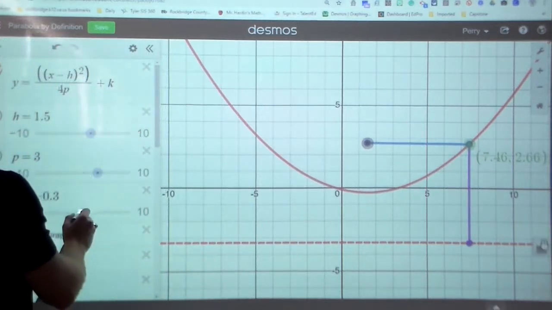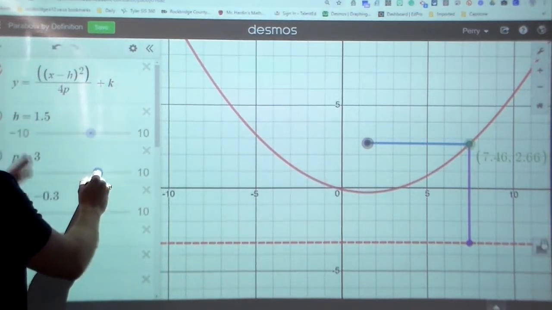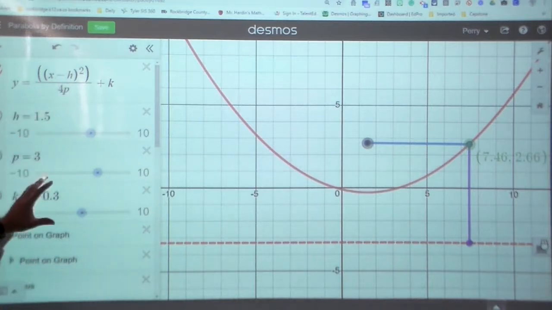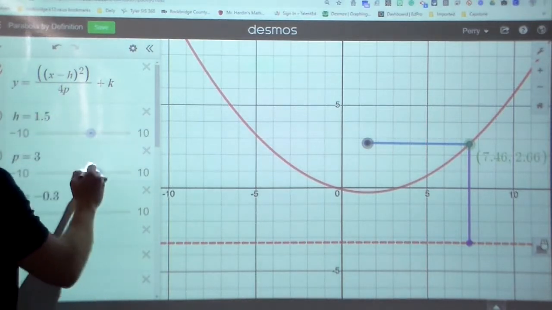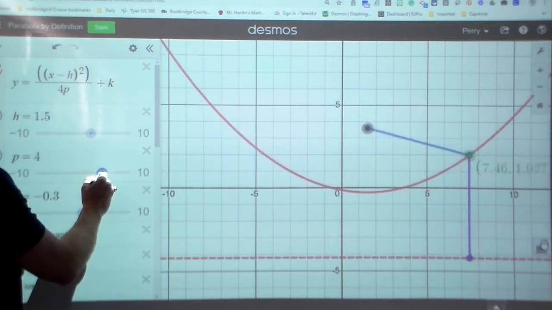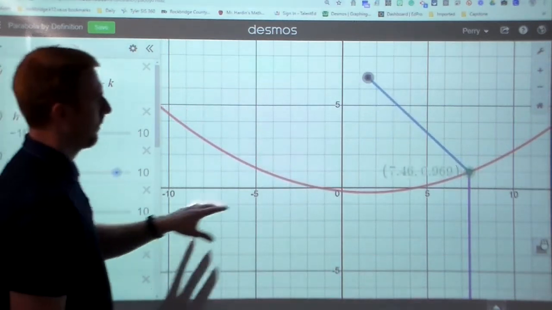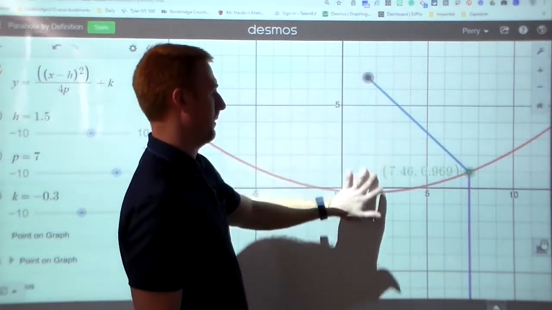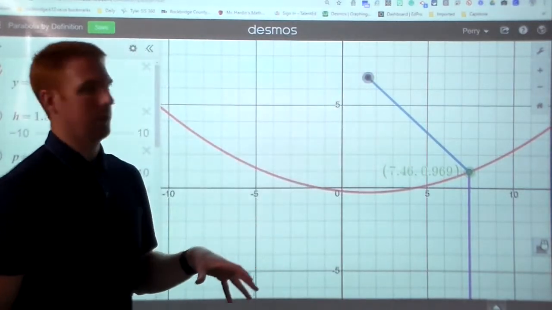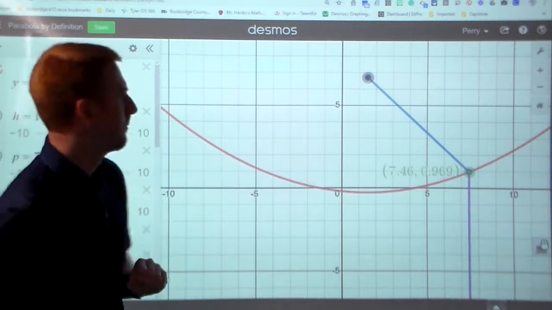Now, if I change the opening of this parabola, and I'll explain all this stuff later, and this is also on my website if you want to play around with this graph, the wider the opening, the further away from the vertex this focus is. And there's some other properties I'm going to talk about a little bit later today too.